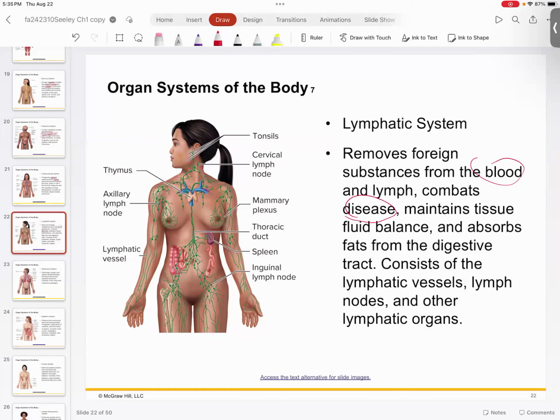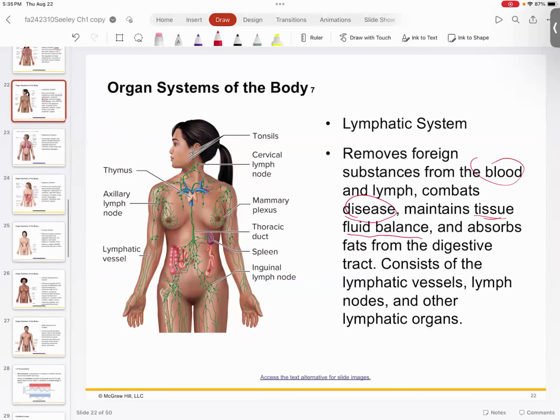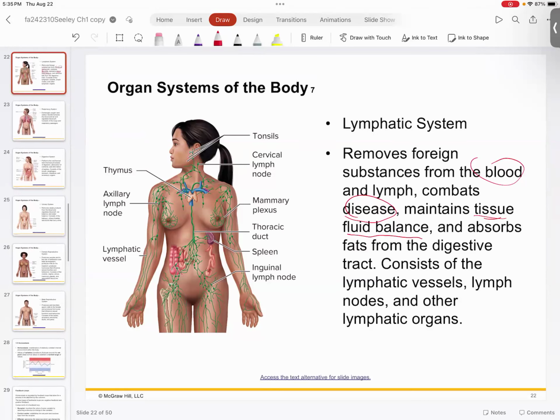Actually, it will be a freeway for your white blood cells, and importantly, it will be the main regulator of the water in your tissues. So what keeps your tissues from swelling up with water is your lymph system. It's like a sponge. It'll mop up excess water from your tissues, and then it will allow you to maintain good body water balance. Okay.